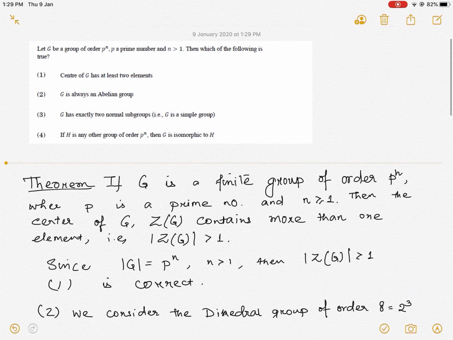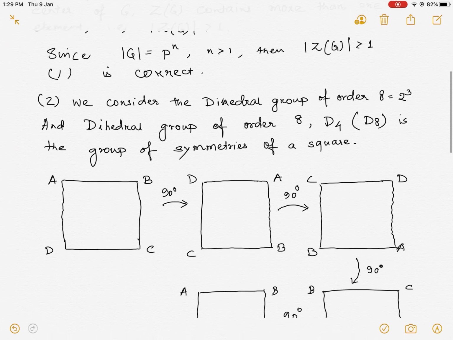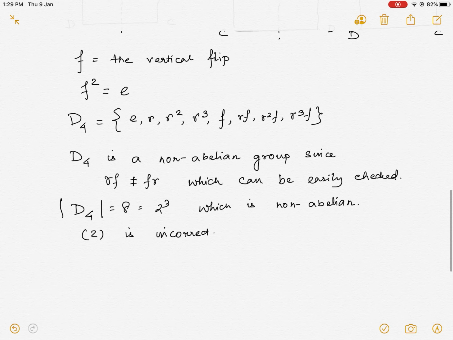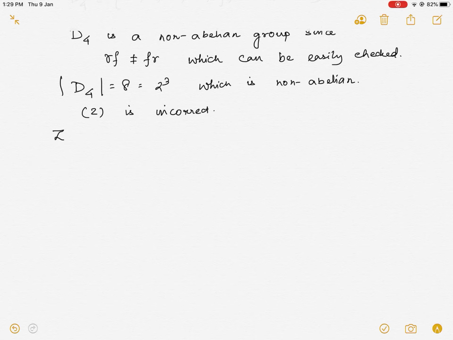For the third option, which says that G has exactly two normal subgroups, we consider the group Z8. Z8 is the group of all integers modulo 8.